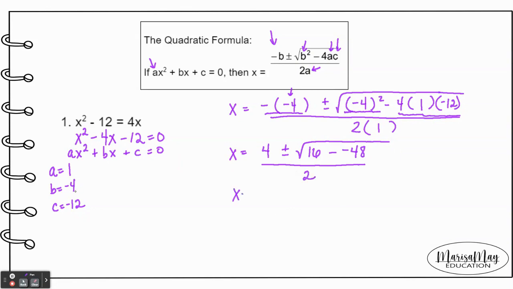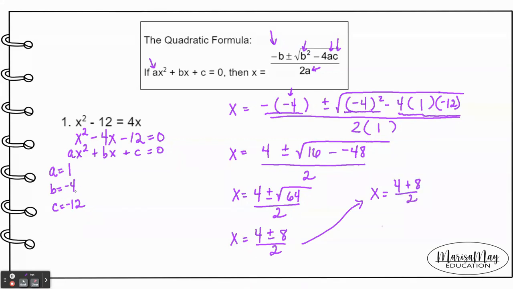Now, underneath that square root, I'm going to go ahead and make that 16 plus 48, which is 64. And we know that the square root of 64 is 8. So now notice we have two solutions here. One of them, x equals 4 plus 8 divided by 2.